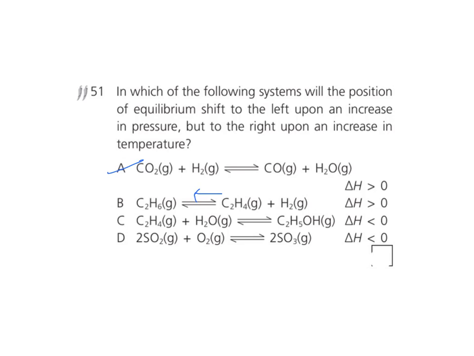Choice C and choice D are not possible because they have less gas on the product side, so raising the pressure there would cause those two equilibria to shift forwards to reduce the amount of gas. So choice B is the only choice which will cause a leftward shift when we increase pressure.